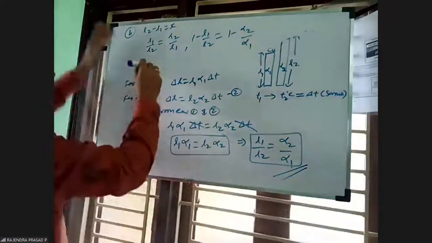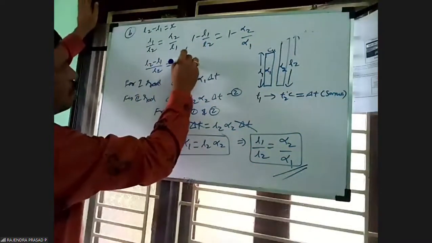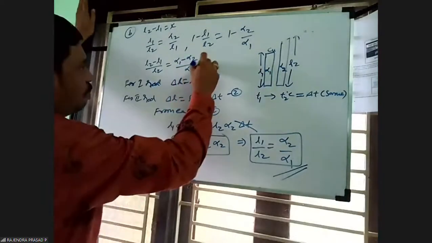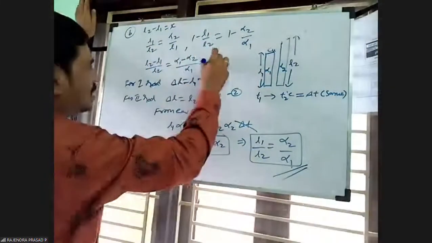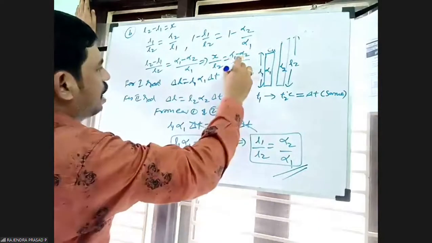So L2 minus L1 by L2 equal to alpha 1 minus alpha 2 by alpha 1. That implies L2 minus L1 means X, so X by L2 equal to alpha 1 minus alpha 2 by alpha 1.